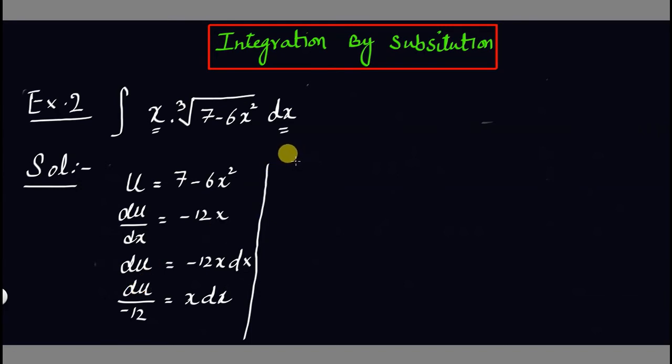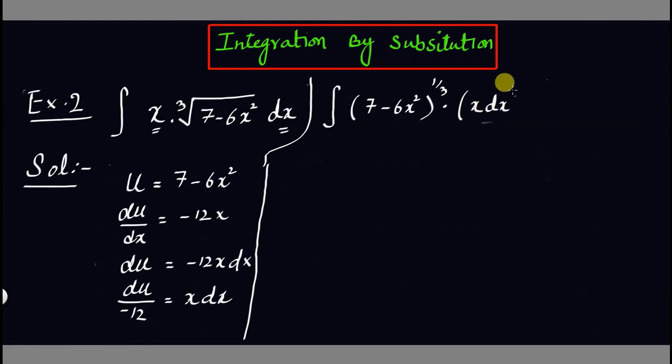Now the final question will be in the format, if you see, (7 minus 6x square) raised to the power 1 by 3 into x dx. I am just making two pairs for understanding.